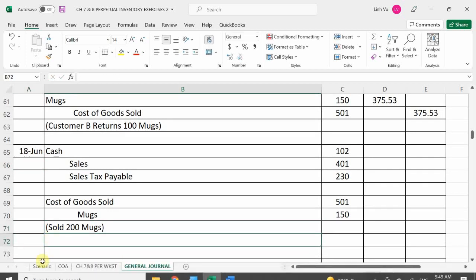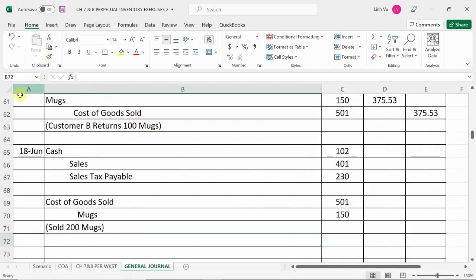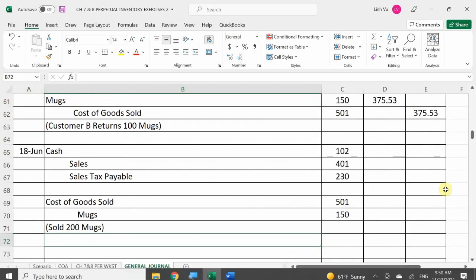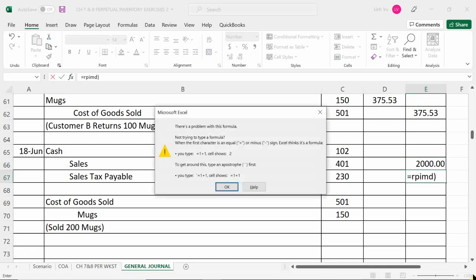So if I sold a total of 200 mugs at $10 each, what is my total sales? 2,000. How much tax am I charging? 165.